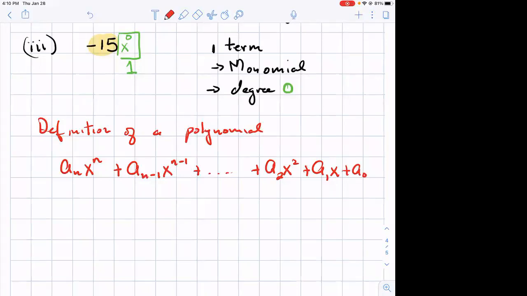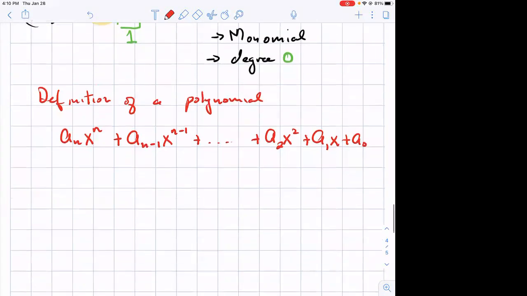So this is what you will see later on, especially in a more advanced algebra class, such as pre-calculus or intermediate algebra. So a couple things to note in the definition of a polynomial. These here are called the coefficients of the polynomial, right?